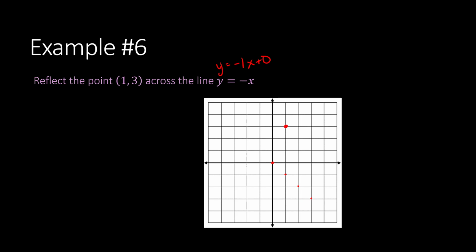So this builds up our line of reflection. And I can extend it both ways. Why don't you take a moment, we'll call this point F, and try reflecting this point across our line, y equals -x.